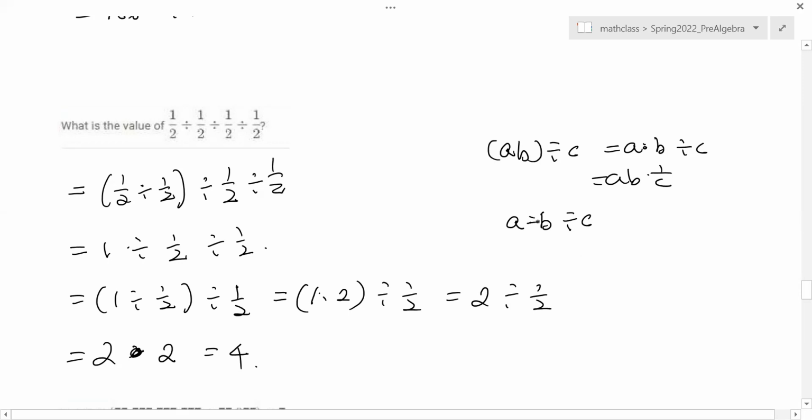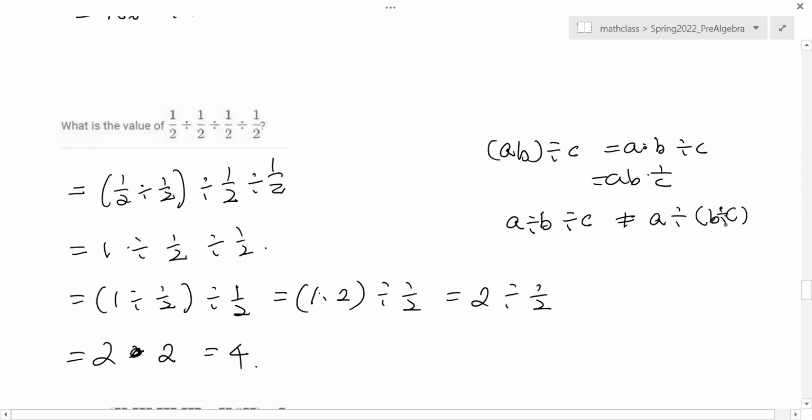If I have two divisions here, this is not going to be A divided by B times C, for example. They're not equal. You cannot put the parenthesis over C and B.